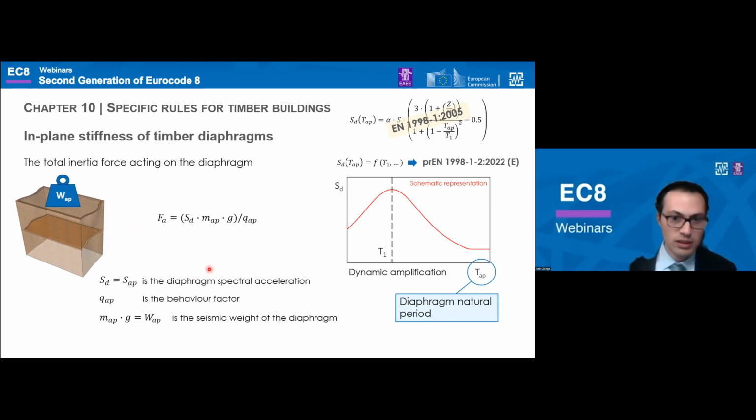The diaphragm spectral acceleration, of course, accounts for possible dynamic amplification, depending on the relation that we have between the building natural period and the diaphragm period.